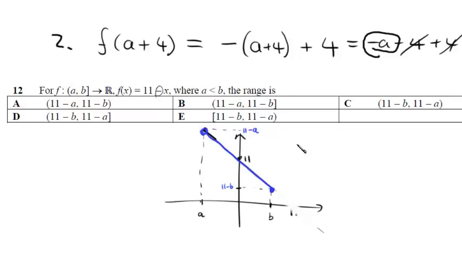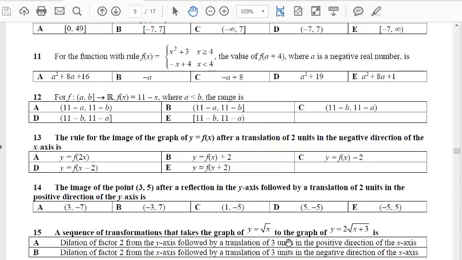Okay, so it's 11 minus b is a lower value, and then it'll be to 11 minus a, but it includes that point like this, and it doesn't include that point there. So that's the answer. So you can see that this one swapped. This was a round bracket, square bracket. And this is square bracket, round bracket. Okay, so the answer is E, that one there. Move on to the next question.